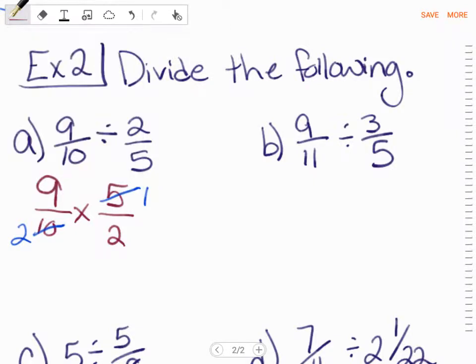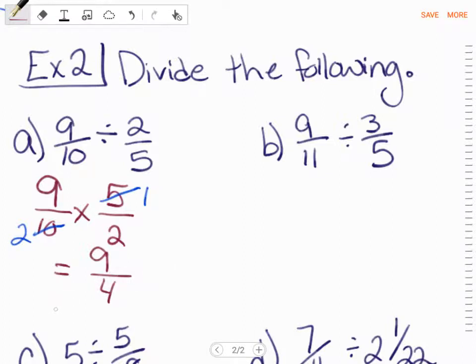So we have cross-canceled. Now our new numbers that we're going to multiply by are 9 times 1. 9 times our new number, which is 1 right here, gives me 9. And then 2 times 2 here over 4.